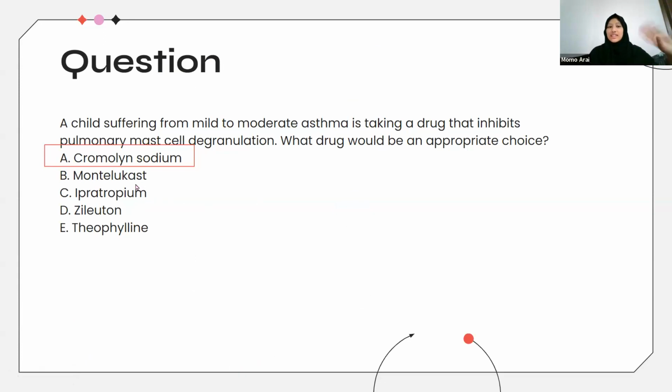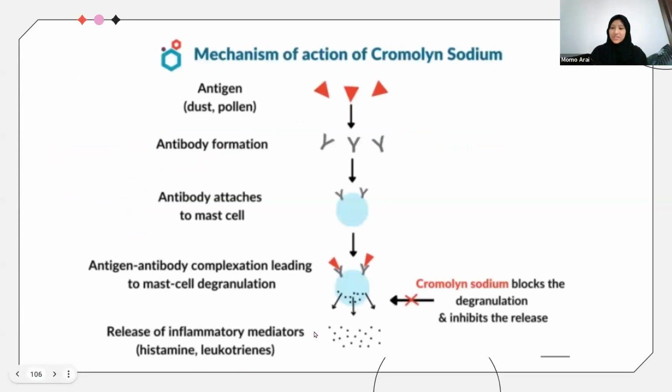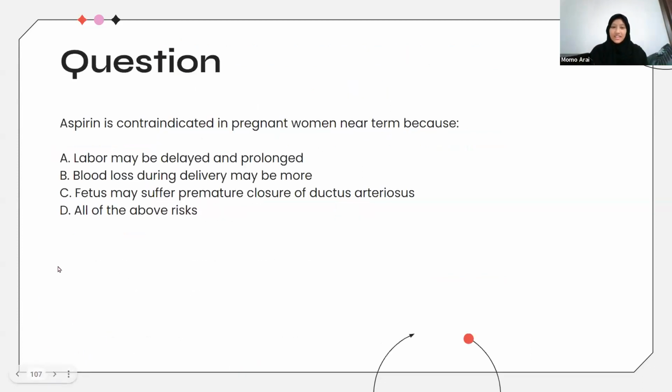And this has a different sort of action. It doesn't inhibit the release. Ipratropium, again, we're not in that lecture still. And theophylline, if you didn't take it, don't worry about it. If this is the only one that was given, just worry about this and know its mechanism of action, which is here, okay? Now I'll move on if you guys don't have any questions regarding the last question.